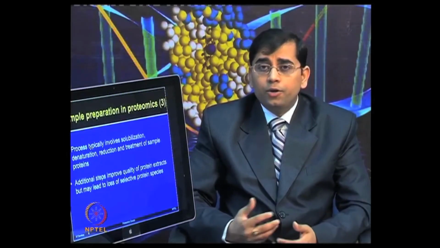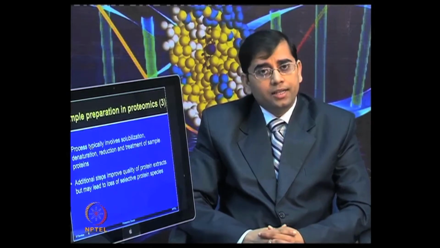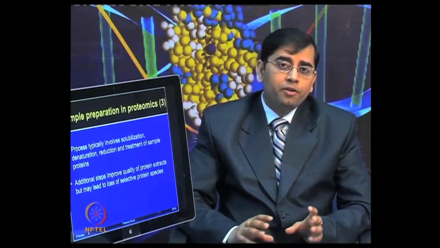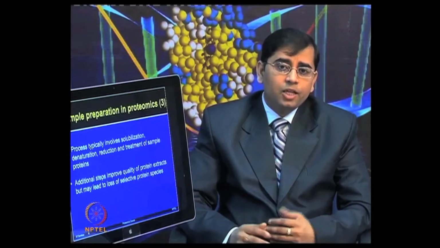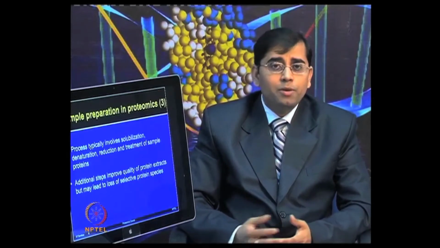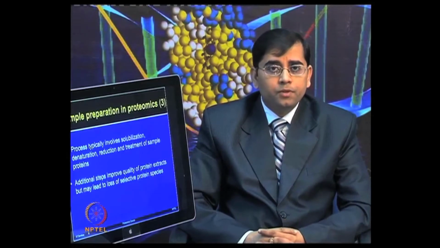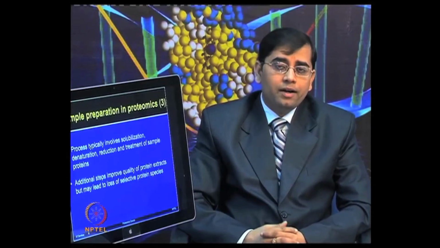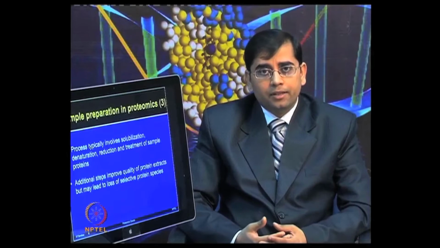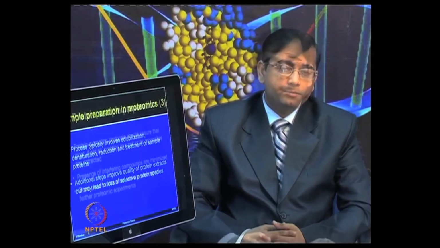And while you are doing this, you have to be very cautious that when you are performing various steps and sequential extraction, you may also lose a small fraction of the proteins. So, one has to be careful when adding various additional steps during sample preparation.